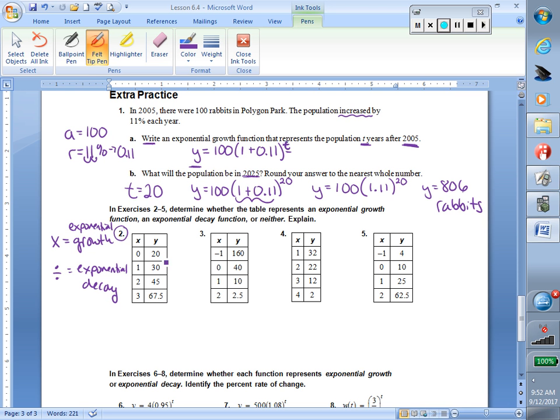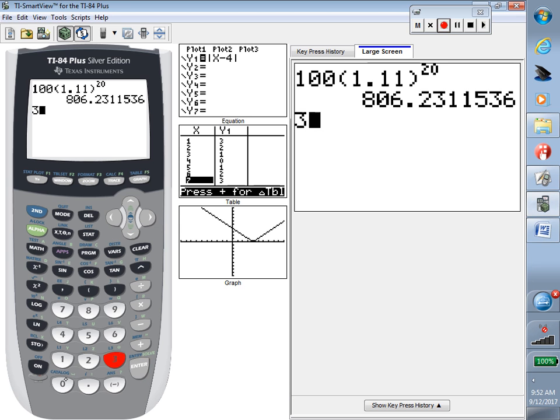Now I might be thinking, okay, Miss Golly, 20 to 30, then 30 to 45, it's going up, but I don't know what to multiply by to get from 20 to 30. So if you're stuck, if you want to see if you're multiplying, take this y value and divide by the one before it. So try 30 divided by 20. And we get 1.5.